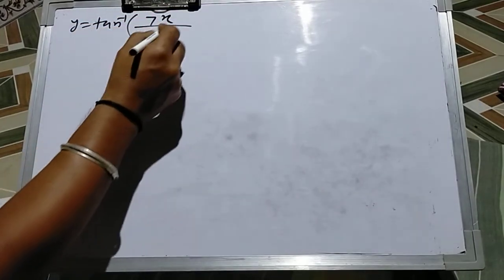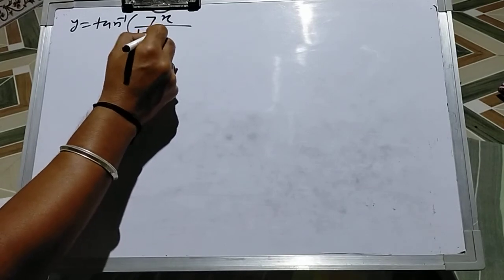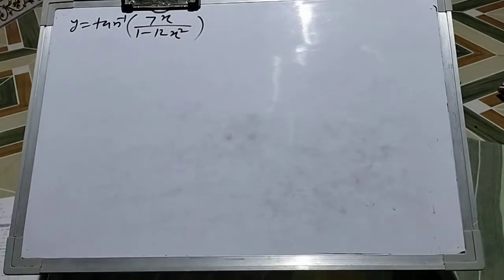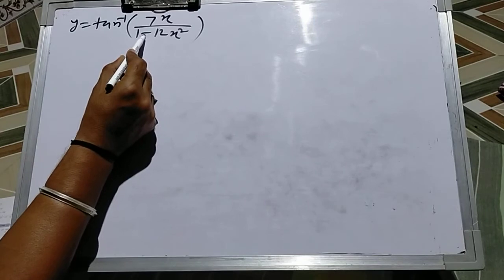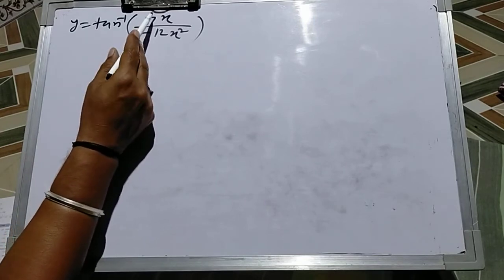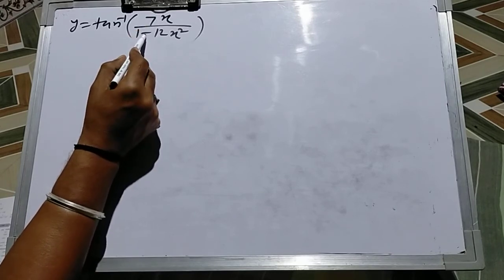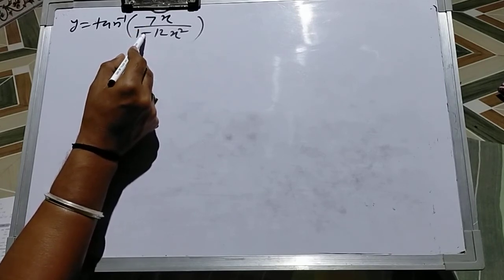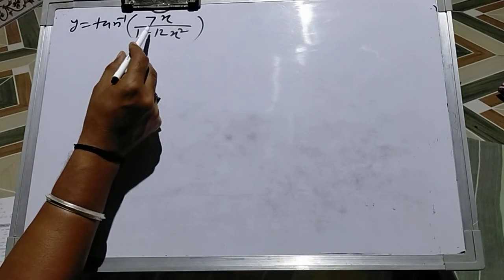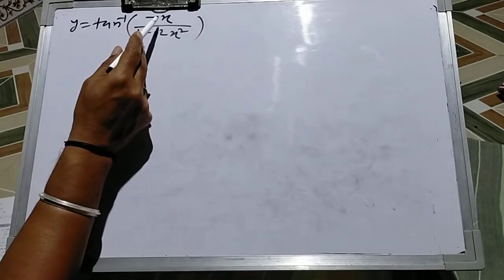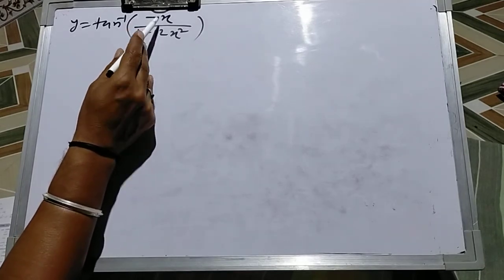Next one, y equals tan inverse of 7x divided by 1 minus 12x square. Again here this term is negative, which means in the numerator there must be addition of two terms. Whenever there is addition in the denominator, in the numerator there is subtraction, and subtraction in the denominator means addition in the numerator.